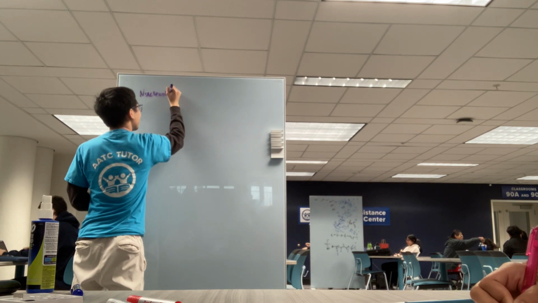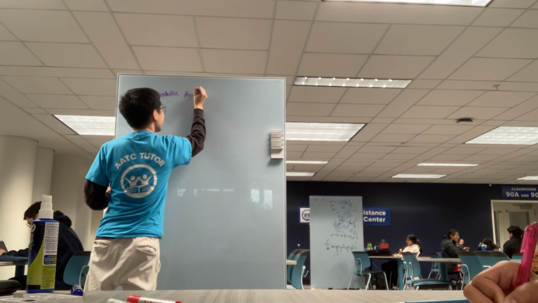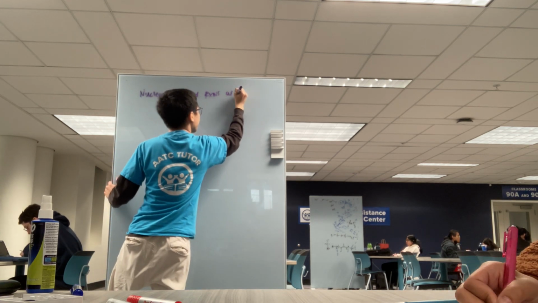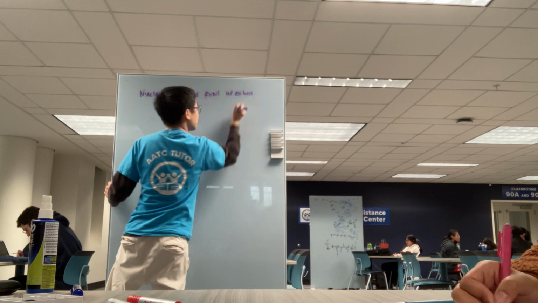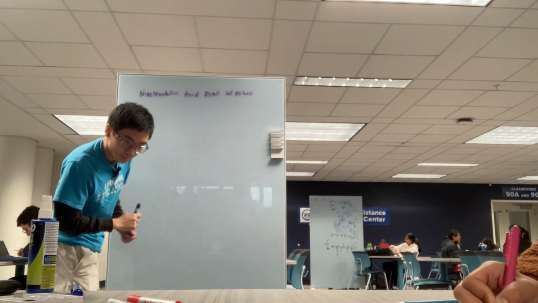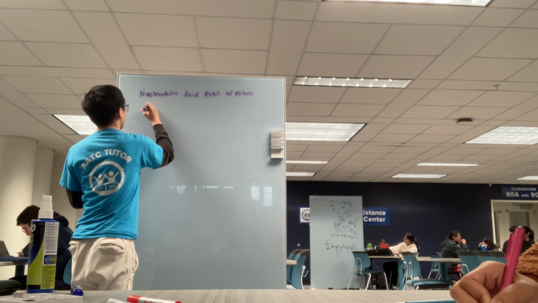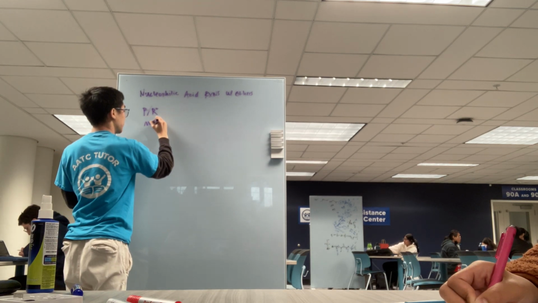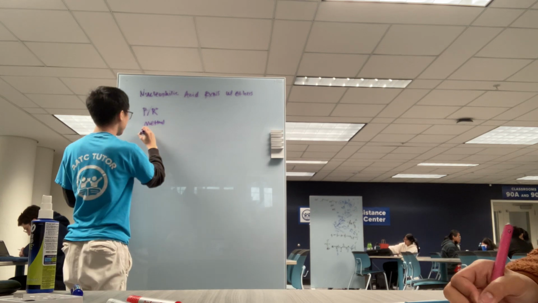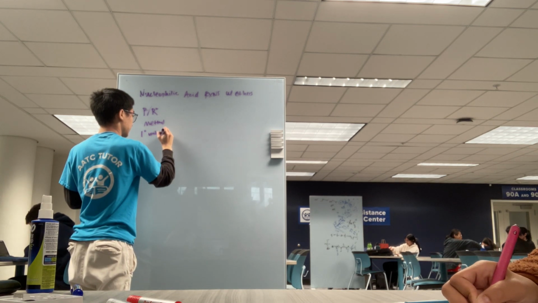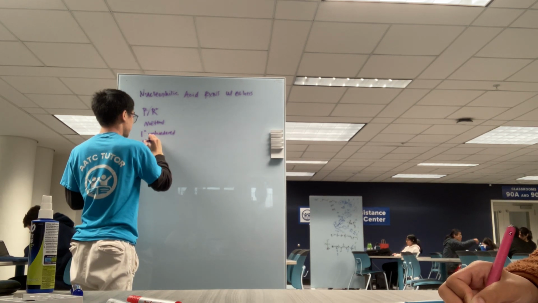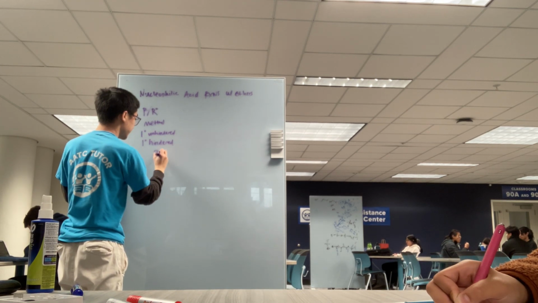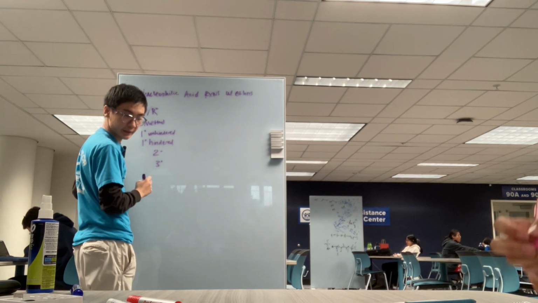Nucleophilic acid reactions with ethers. The R group attached to the ether could be methyl, primary unhindered, primary hindered, secondary, or tertiary.